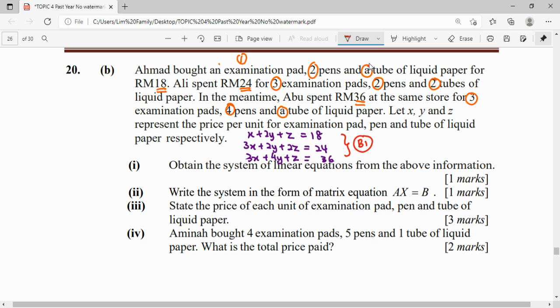Then for question 2, we have to write it in matrix form. So when we want to write it in matrix form, our first matrix here will be denoted by our coefficients, which is 1, 2, 1, 3, 2, 2, 3, 4, 1.